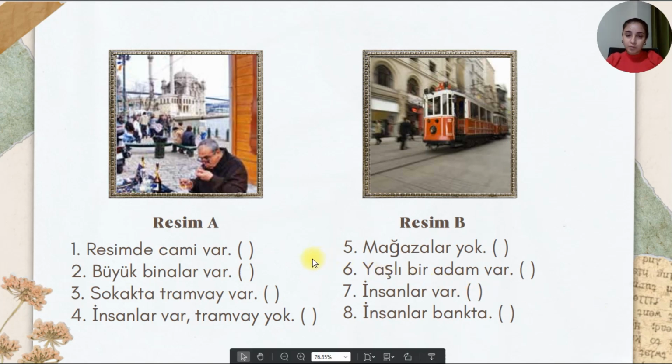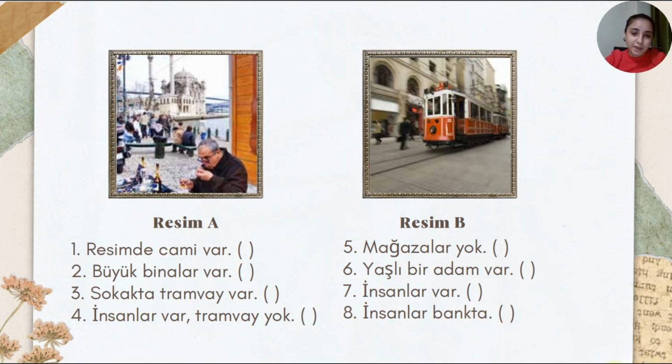We will make a comparison between them and we will say which picture is this sentence. Resimde cami var. Cami is a mosque. And we will find the picture which contains a mosque. Resimde cami var. I'm waiting for you to stop the video and try yourself.